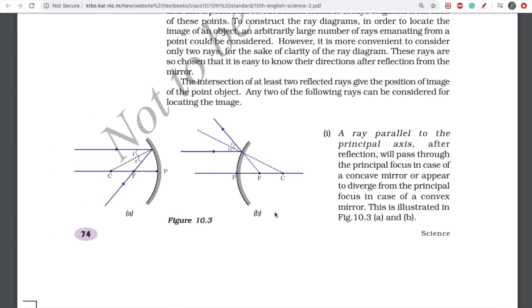Now, how was this rule formed? How did we make this rule? First of all, when this light comes and touches the surface at this point, how do we know where the light will be reflected? We can figure that out by applying the laws of reflection.